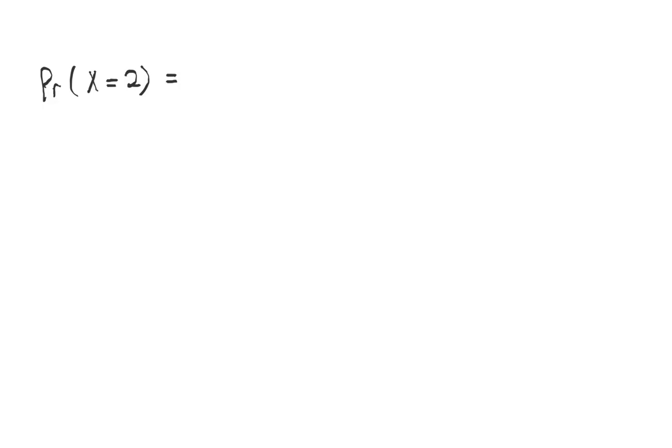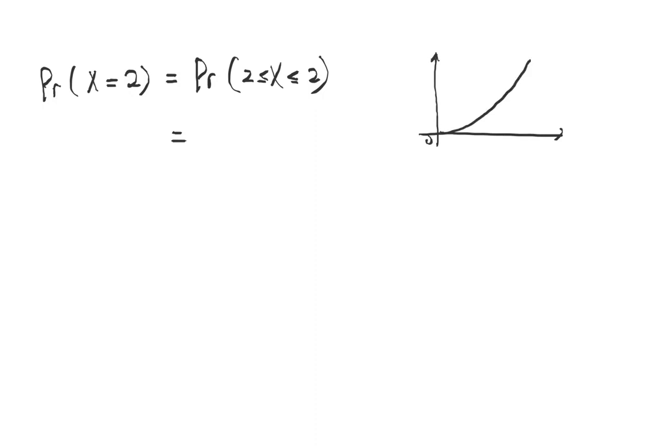It means the probability of x from 2 to 2. Am I right? So in the sense of integration, I have to integrate from 2 to 2 of x squared over 9 dx. So what will I get? What is the area of a straight line? 0.